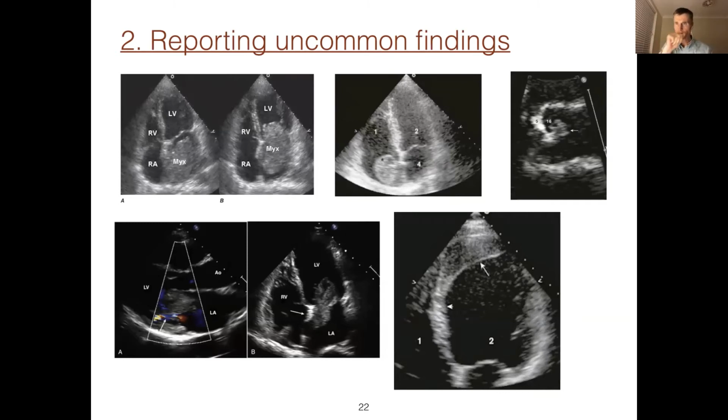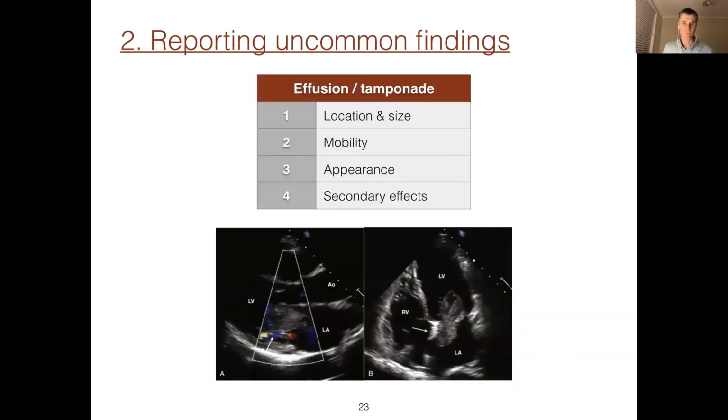So the most common lesion is a myxoma, but masses and vegetations can occur elsewhere. Thrombus can occur elsewhere. So if you see something like this, you want to be very clear about its location. That's a really important thing to mention.